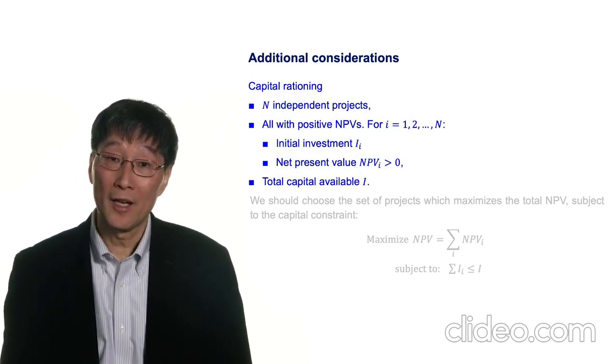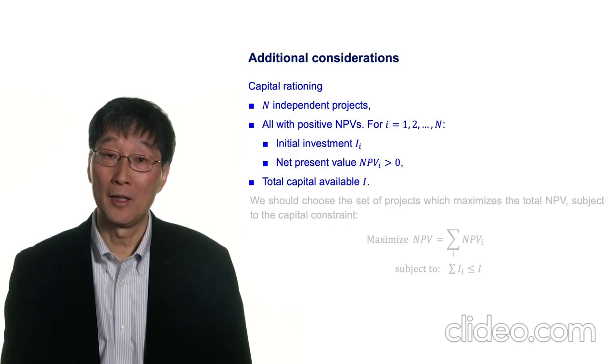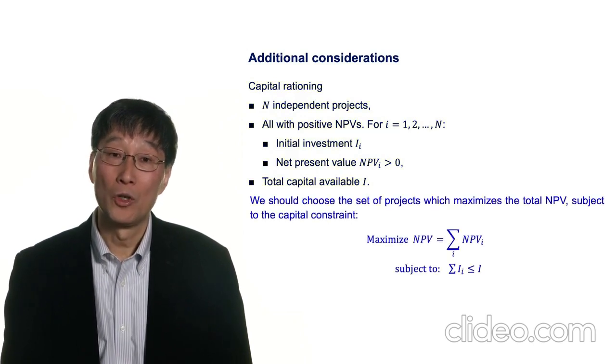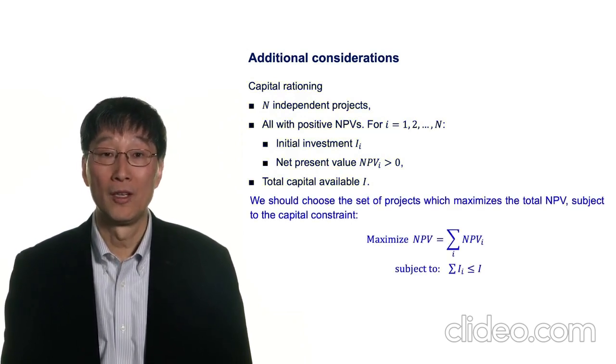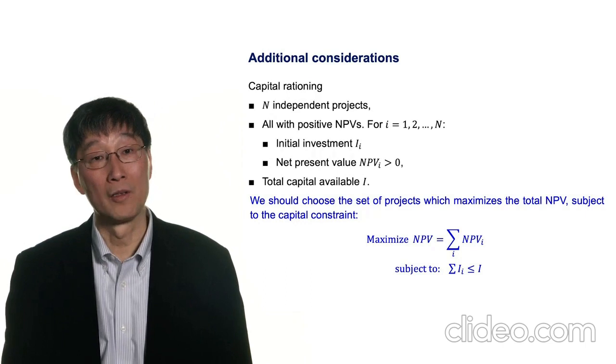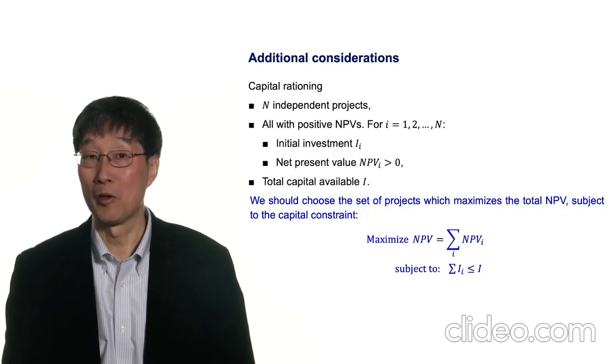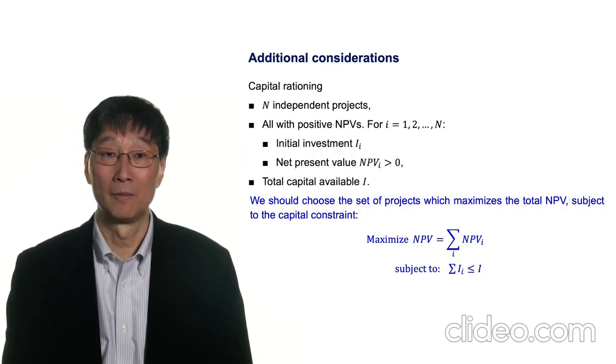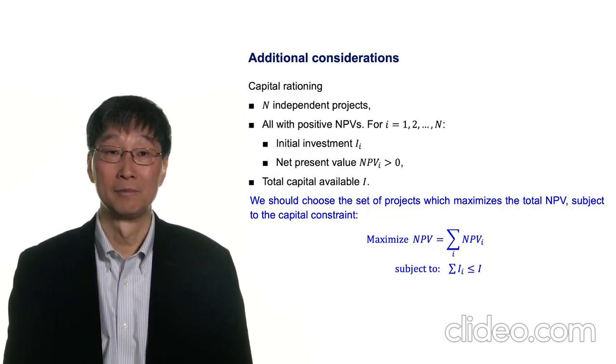Let the total amount of capital available be capital I. What we should do is to choose the set of projects such that, first, the total investment is no greater than capital I, the total amount of capital allocated to us, and two, maximizes the total NPV.